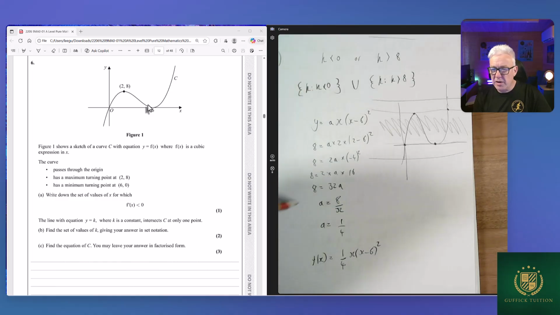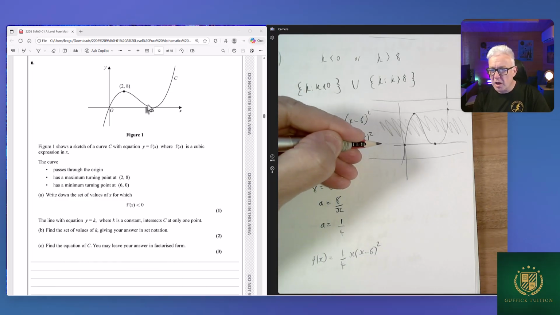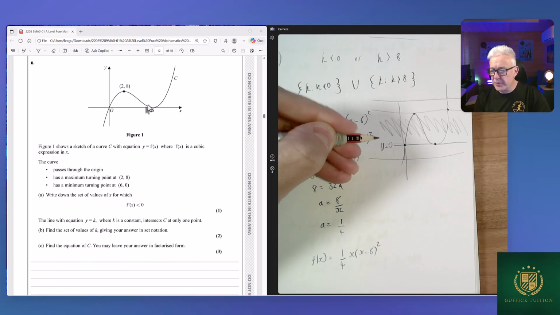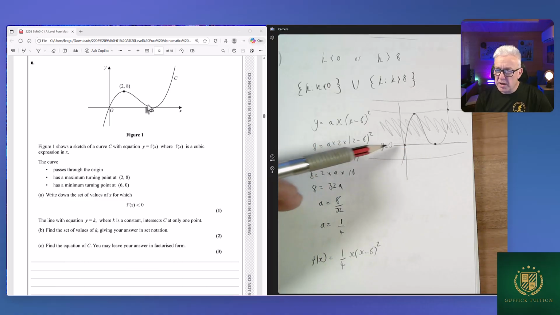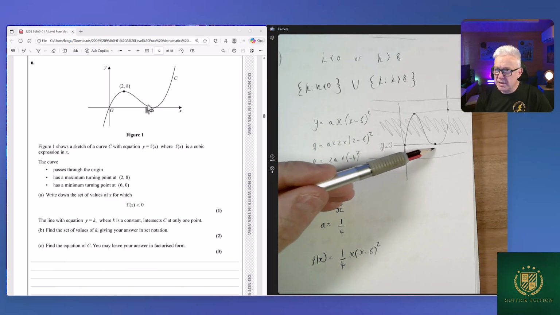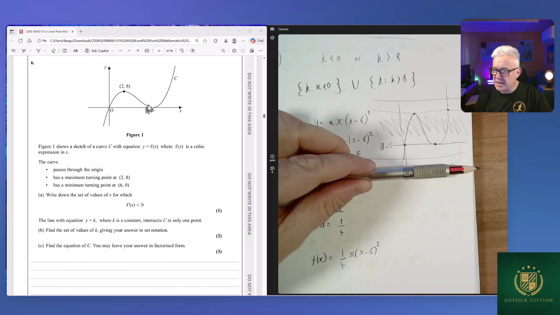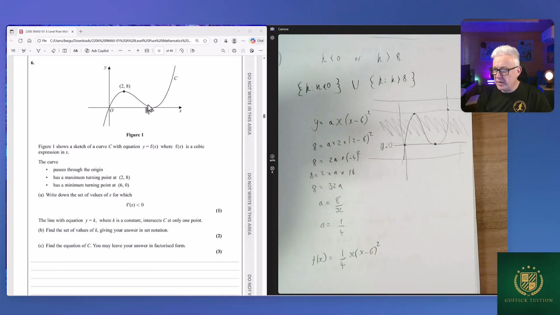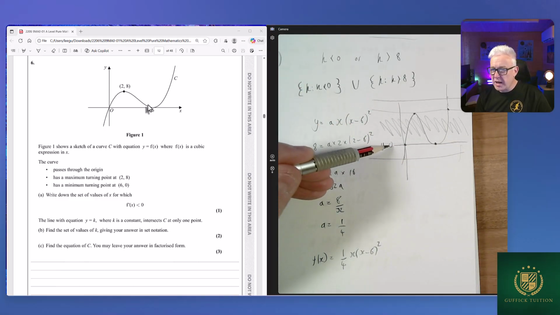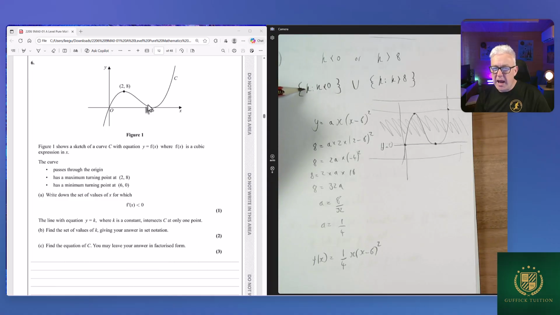This is the line with equation y is equal to 0. So we want the y value to be less than 0 so that there is only one point of intersection. Because it's y equals k, we want k to be a member of the set of elements where k is less than 0.